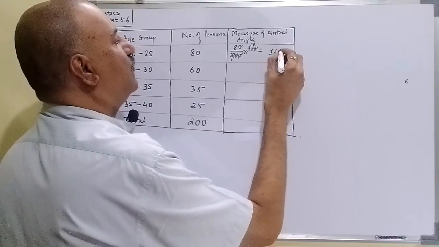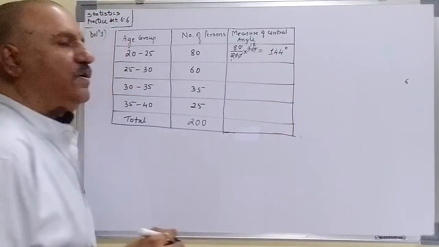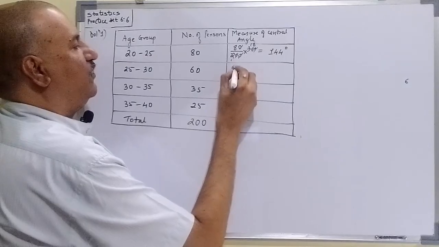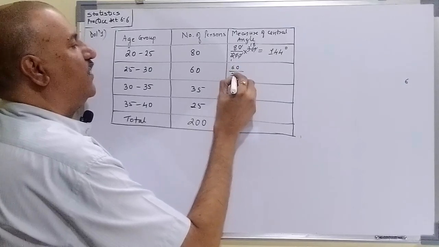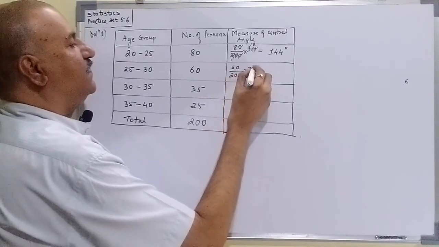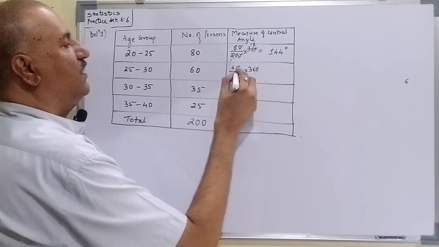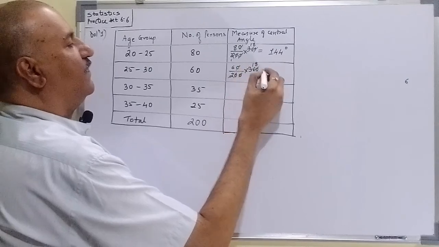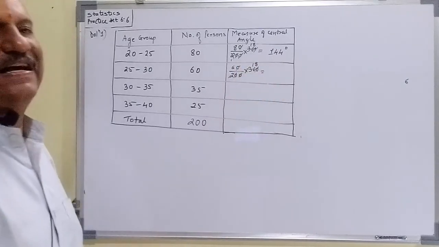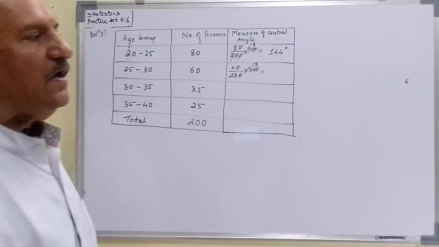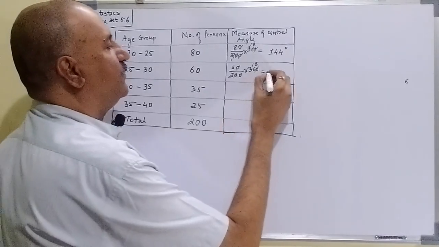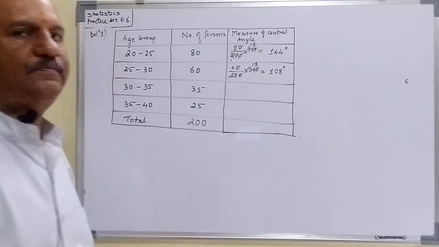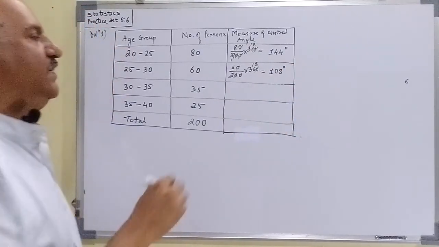Next, 60 upon 200 into 360. Again 2 18s, 18 6s are 108. So this will be 108 degrees.